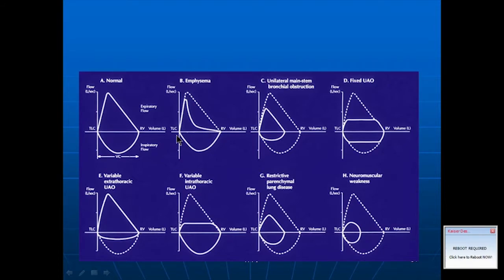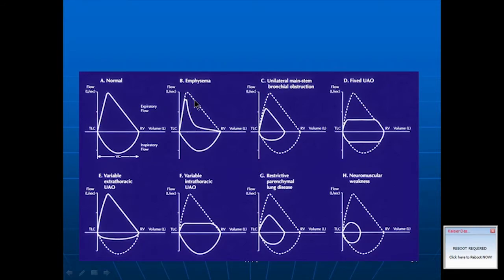And again, obstructive diseases have a problem with flow, not volume. You can see that this patient can get the volume out. So this is the volume coordinate. They're able to get the volume out. But look what happens to their flow. Their flow sharply decreases.